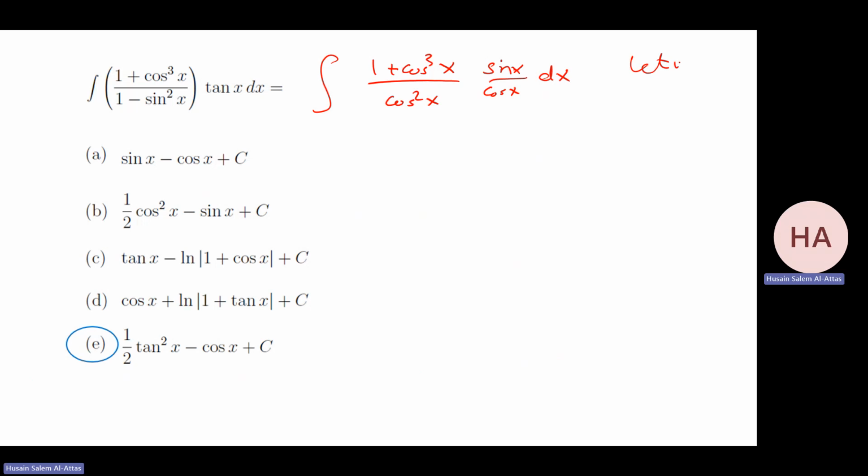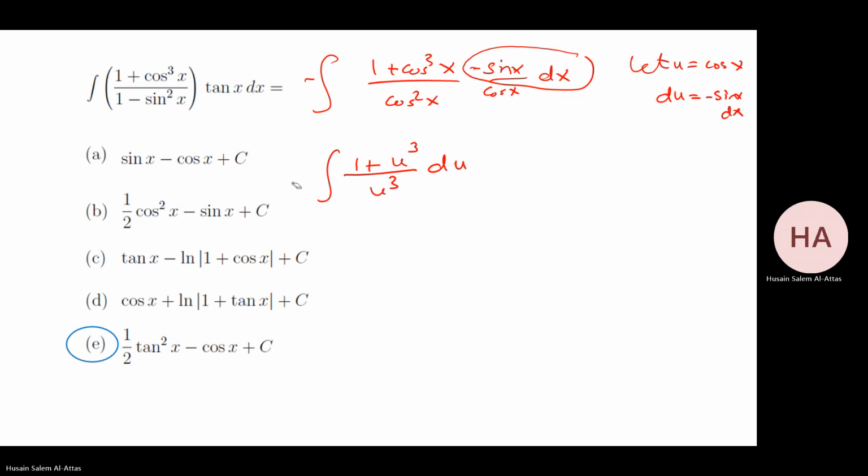Very clear. I will let u equal cosine x. du will be minus sine x dx. So this will be my du with the minus sign, and I'll put minus outside. So it will be minus the integral of 1 plus u cubed over u cubed du. Don't forget there is a minus sign outside. So this will be minus the integral of u to the power minus 3 plus 1 du. What is this?